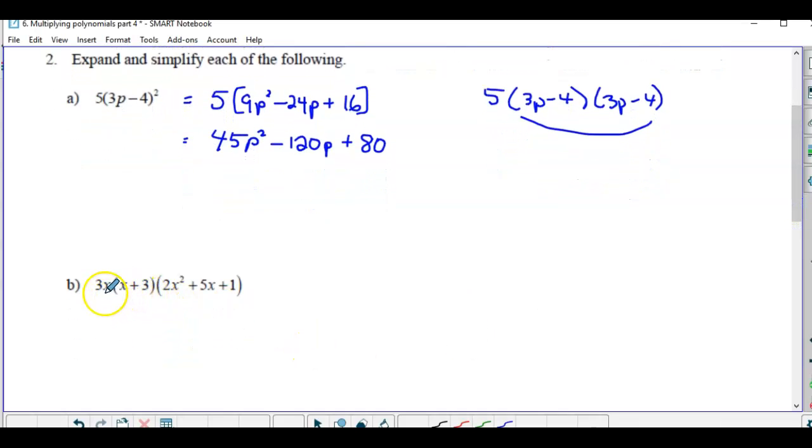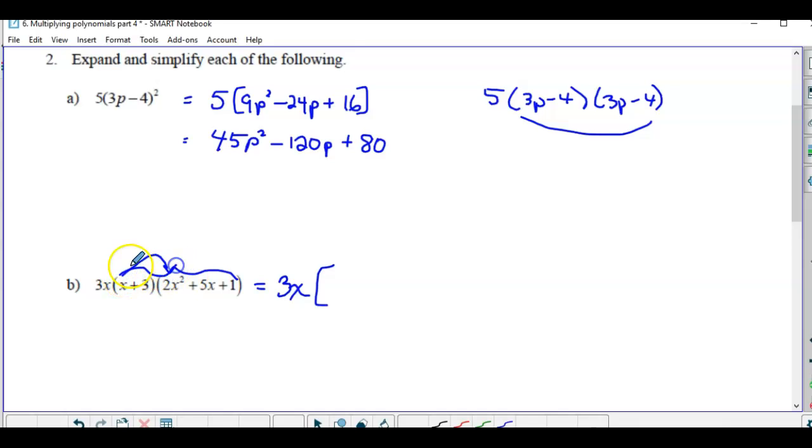Same with the next one. So here you could multiply 3x into the first bracket, but not into both. What I tend to do is I do all of this first. So I keep that monomial out front, and then I figure out what the two brackets basically expand to.